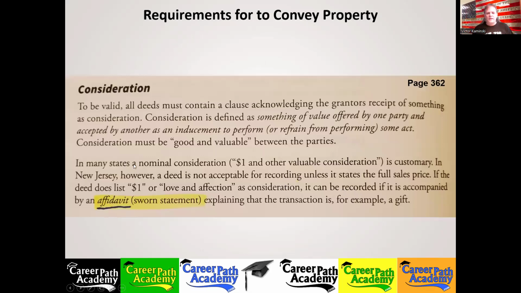All right, so affidavit is a sworn statement. Let's highlight that on page 362.